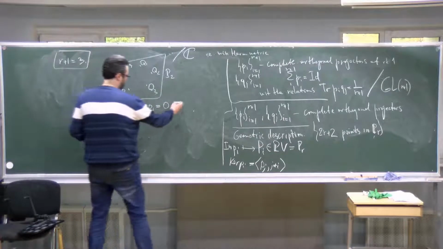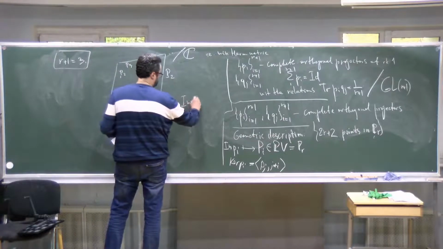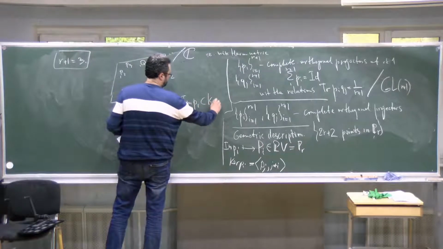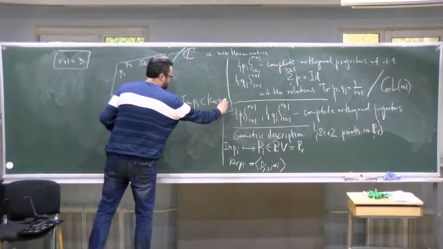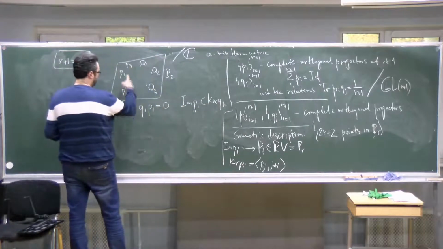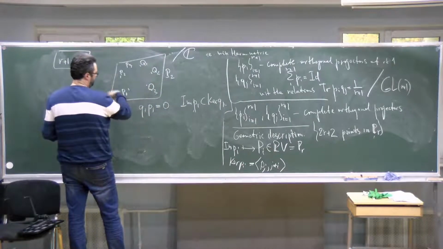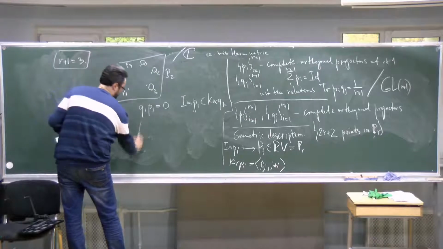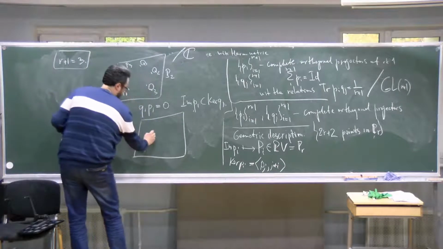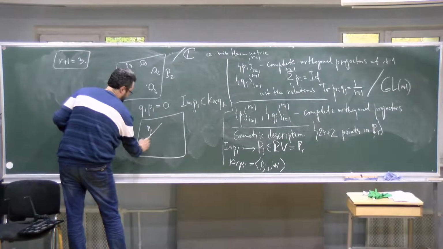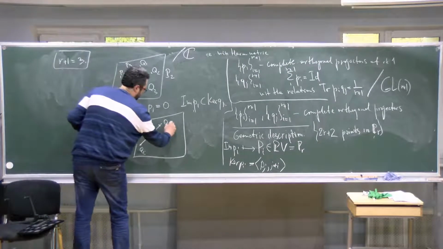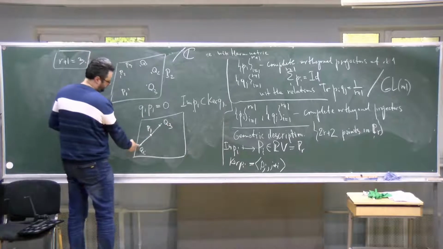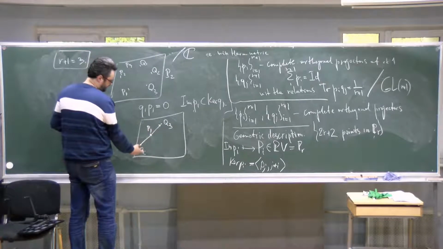It means that the image of P1 is in the kernel of Q1. And in terms of 6 points, it means that P1 is on the line through Q2 and Q3.